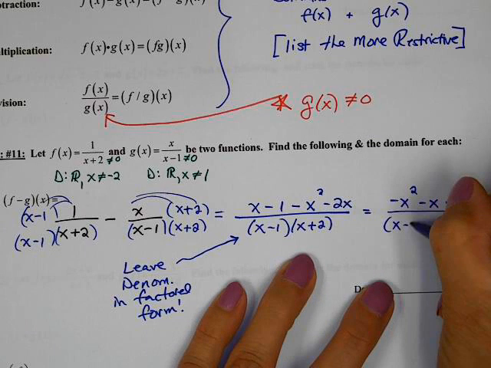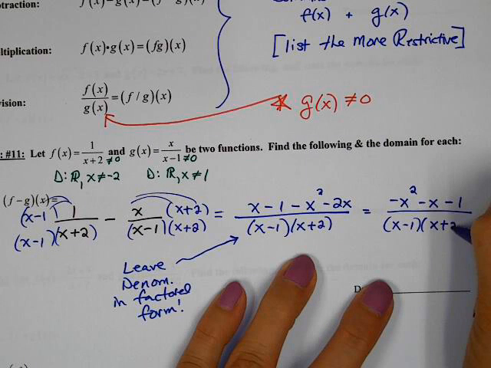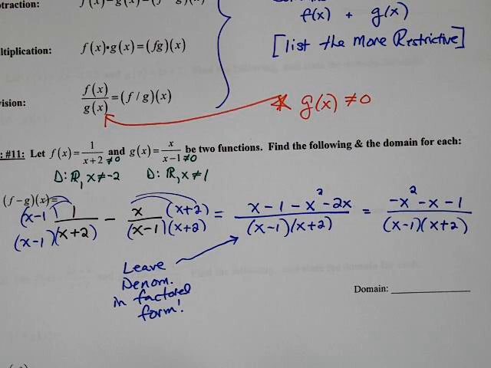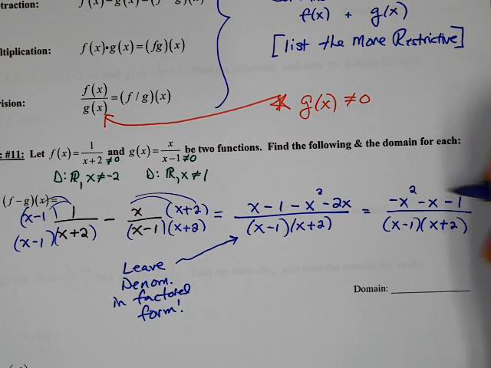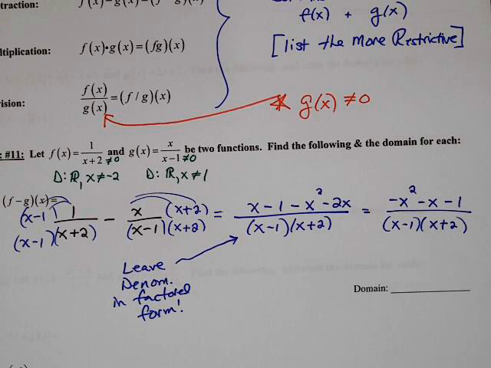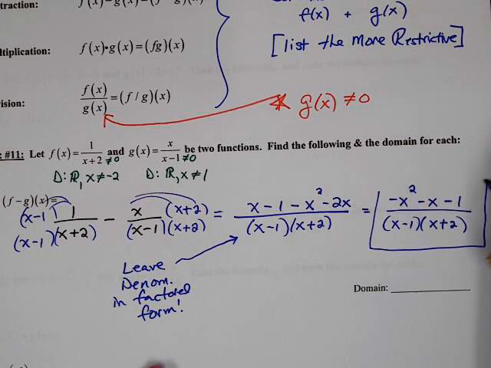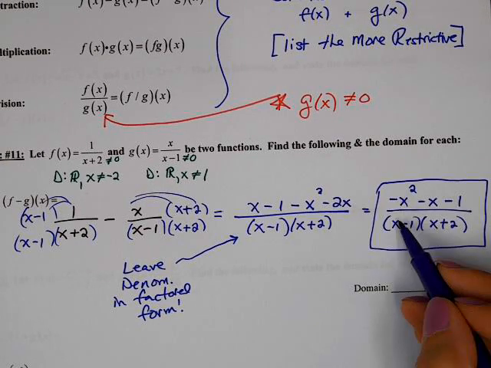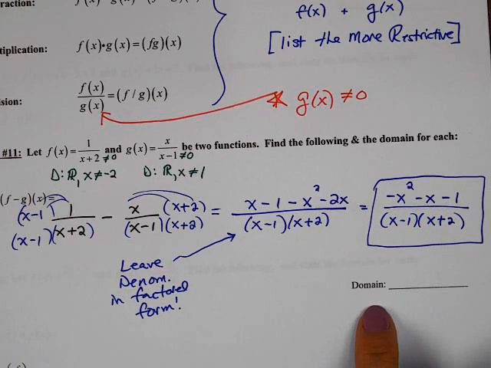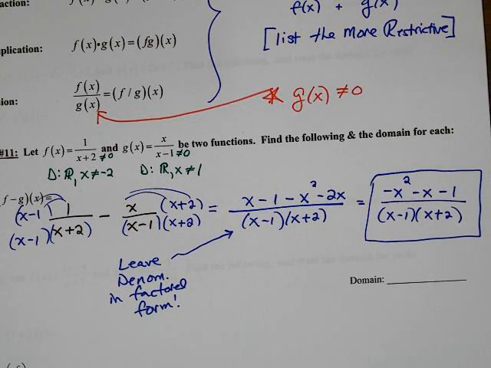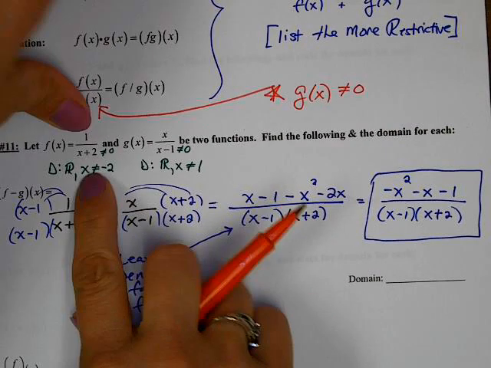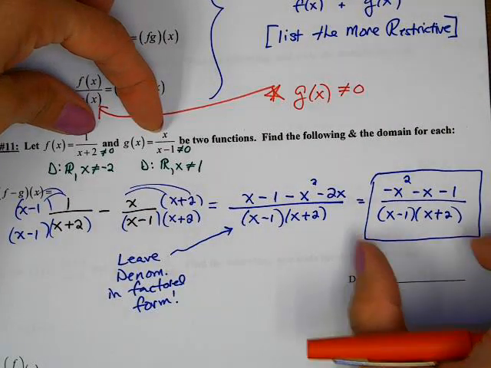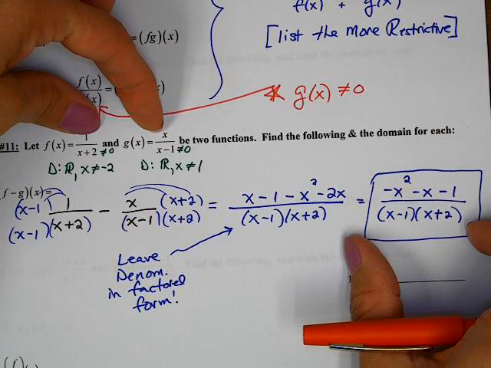And then the denominator was that stuff right there. It's always a good idea to look to see if this can get factored. If it could get factored, I might be able to cancel one out, but I don't think it does. So there is the function f minus g of x, and now we have to state the domain. Remember, we have to consider f, we have to consider g, and then we're going to look at the new function as well.